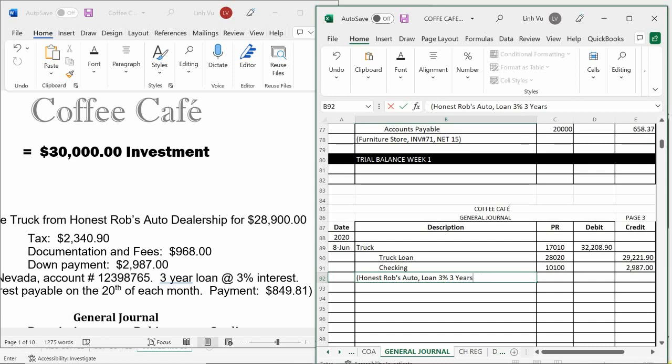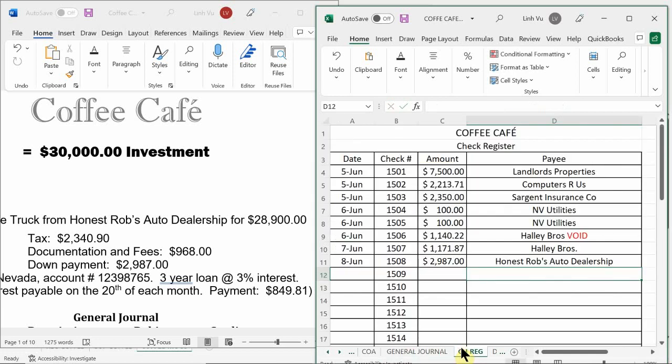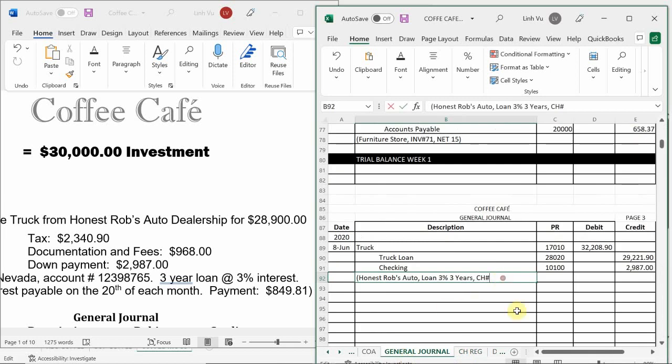And we also need to say that the down payment was check number 1508. Okay. There you go. I finished my journal. I cut the check out.